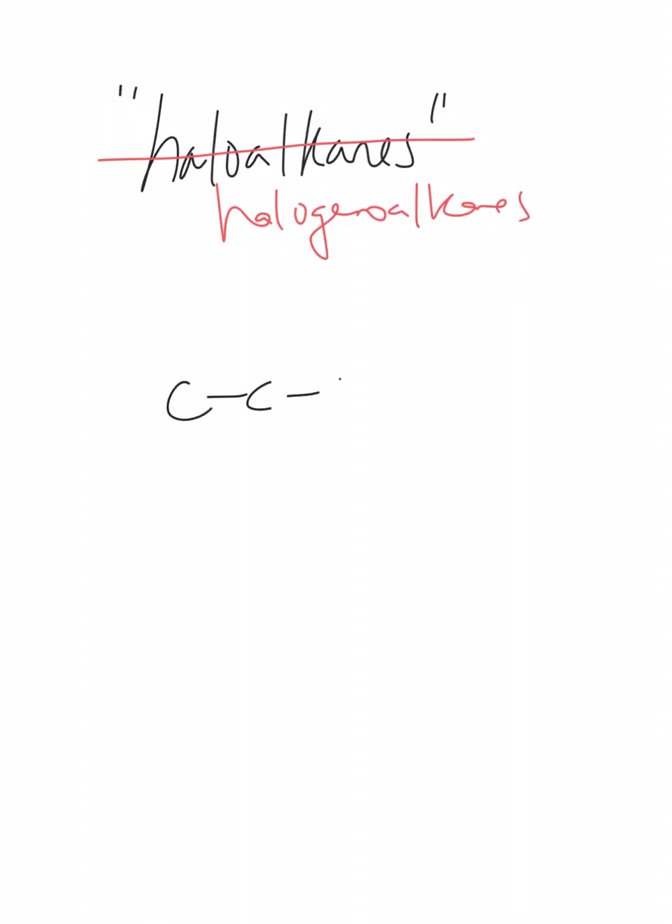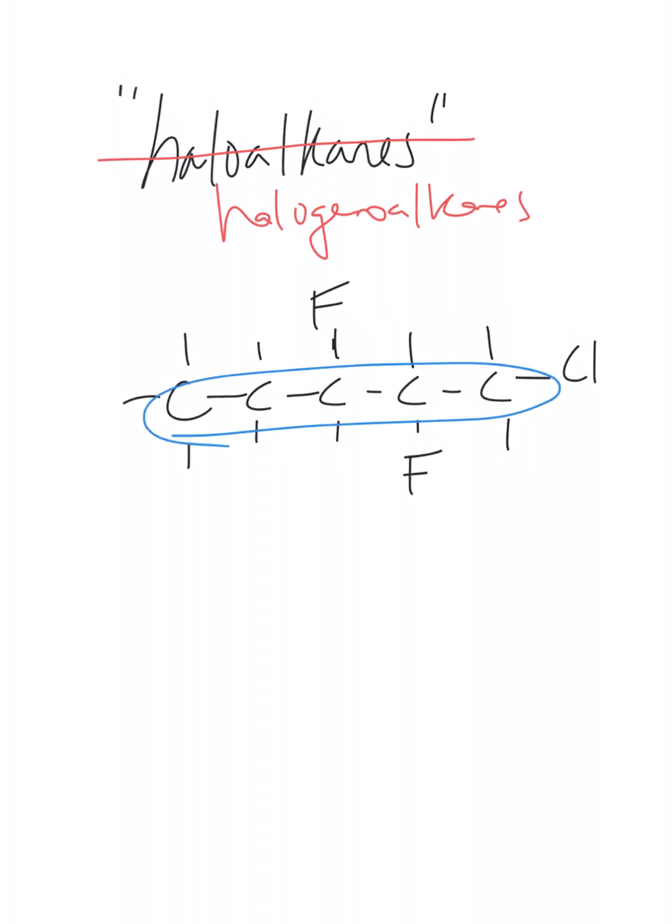What if we have something like this? Let's get a pentane parent, and let's get a couple of fluoro substitutions. And we'll put a chloro there too. And we'll try to properly name this. So the parent chain is 5. It's a pentane.